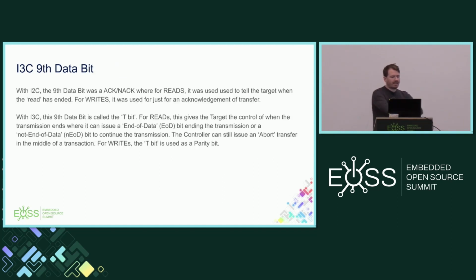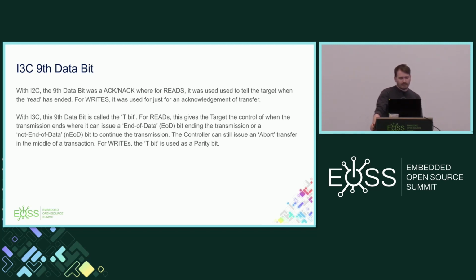I3C also has another difference from I2C, which is the 9th data bit. With I2C, that 9th data bit was typically an ACK and NACK. For reads, it was used to tell the target when the read has ended, and for writes, it was just used for an acknowledgement of transfer. With I3C, this is called the T bit, which stands for transition bit. For reads, this gives the target control of when the transmission ends, and that's called the end of data bit.